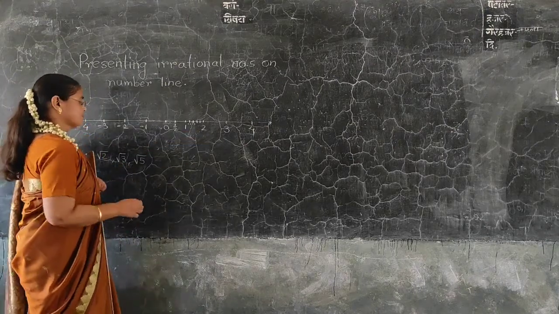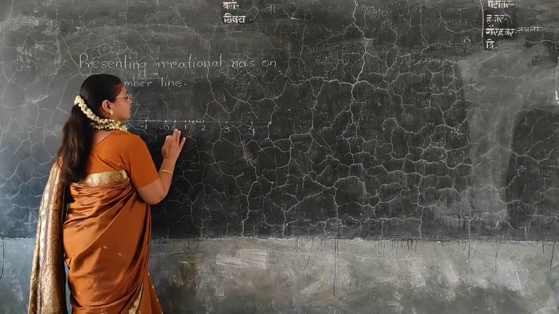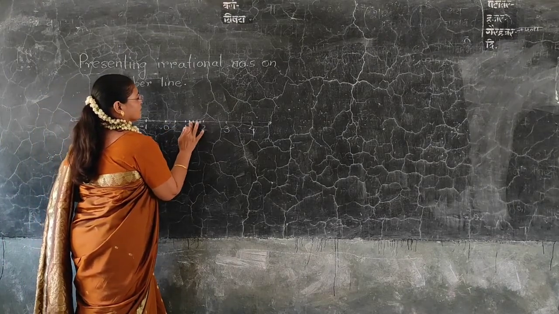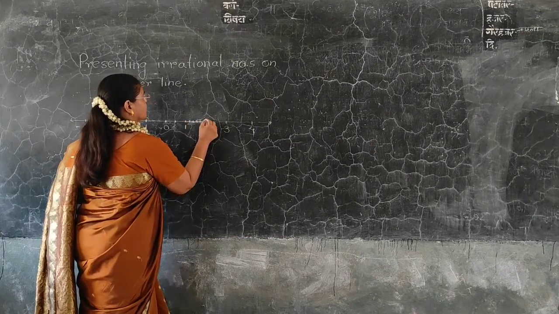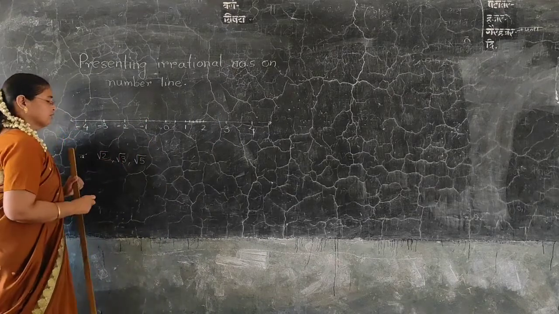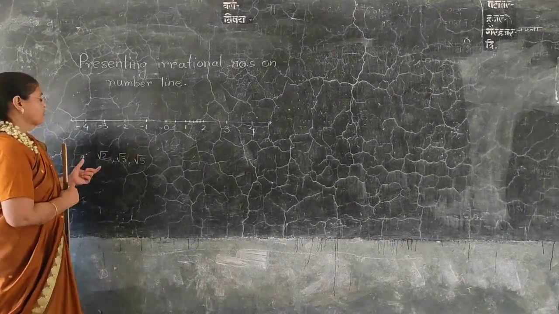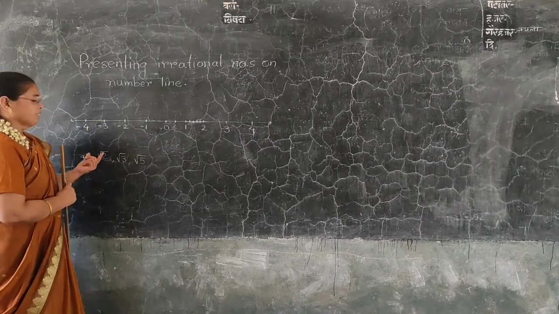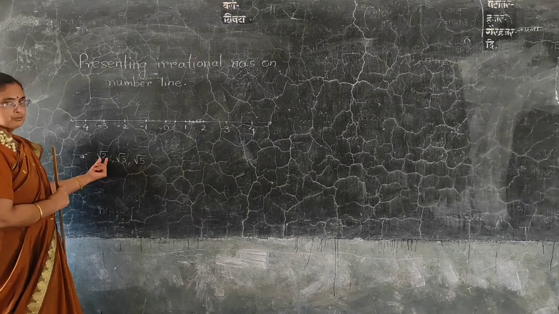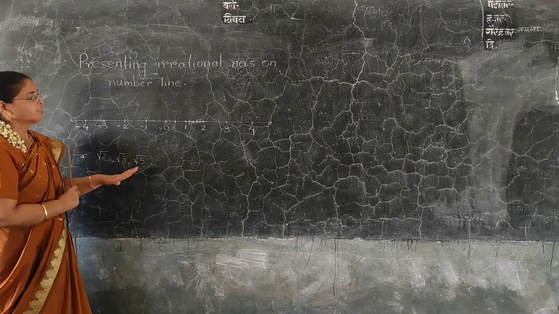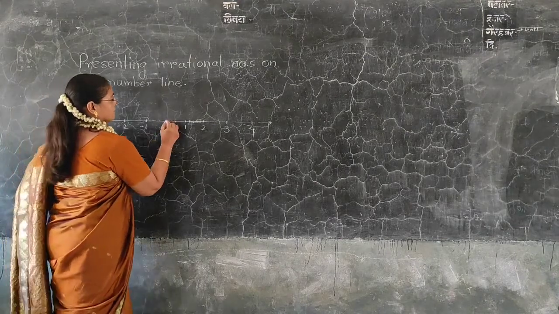So for that, on the similar number line, we can show all these numbers. How? We have to take help of Pythagoras theorem, and if we want to construct root 2 on this number line, we have to construct a triangle.